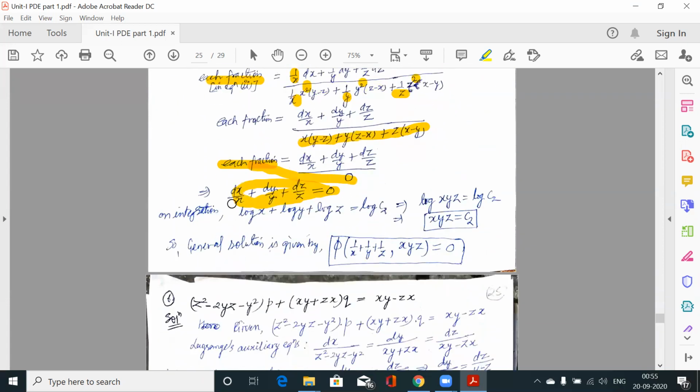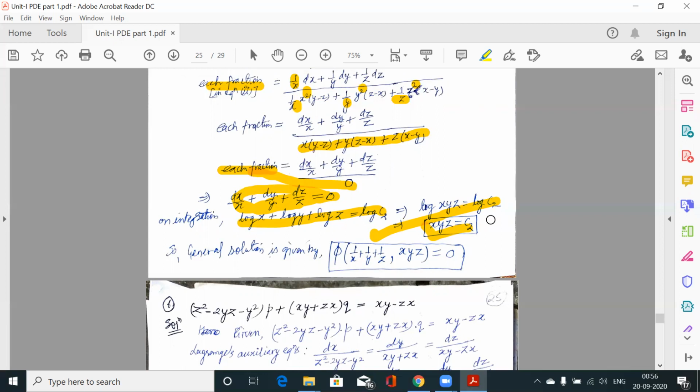On integration, dx over x gives log x, the second term gives log y, and dz over z gives log z, and we have taken the integrating constant as log c2. So after applying the log properties, log of xyz is equal to log of c2. So c2 would be equal to xyz. So this is our second solution.